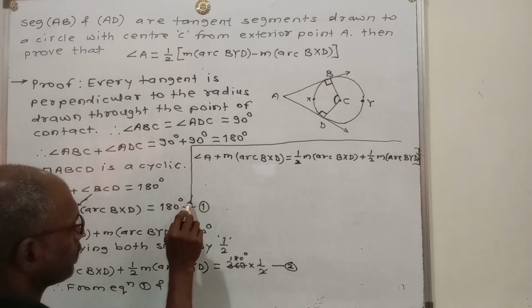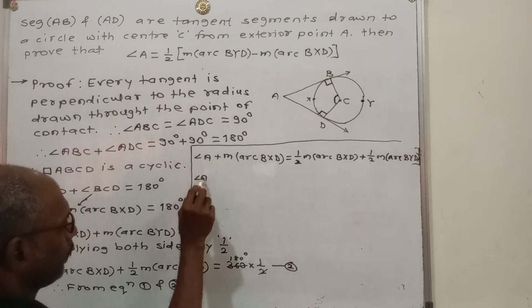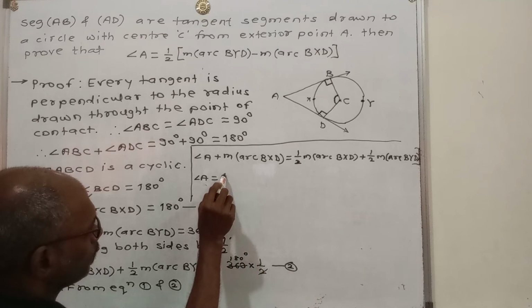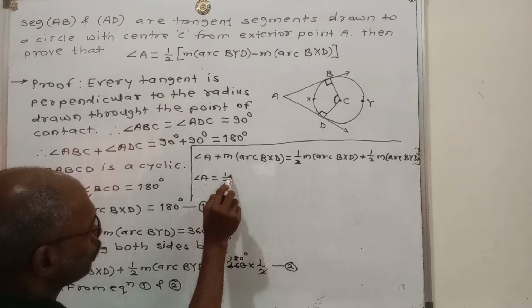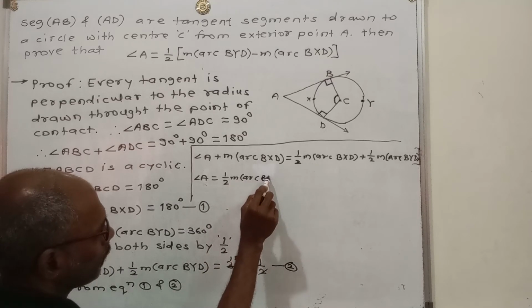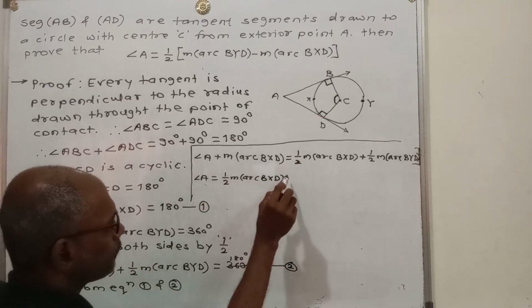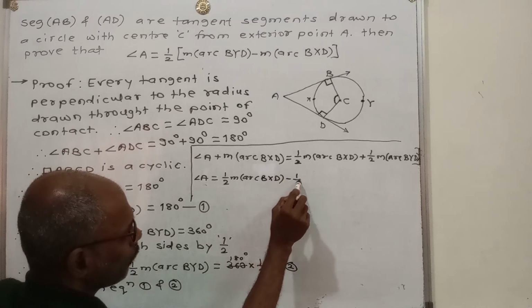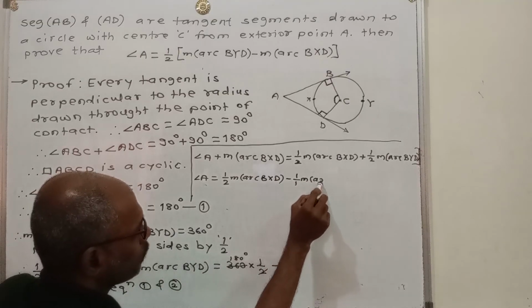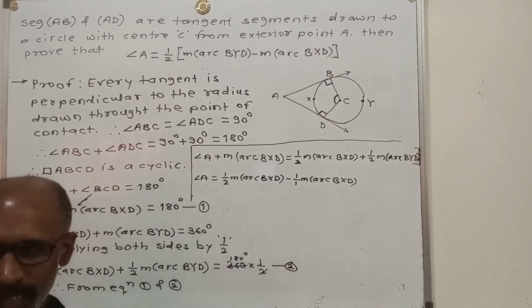Therefore, angle A is equal to 1 upon 2 major arc BXD, then plus becomes minus, 1 upon 1 major arc BXD. 1 upon 1 means 1.